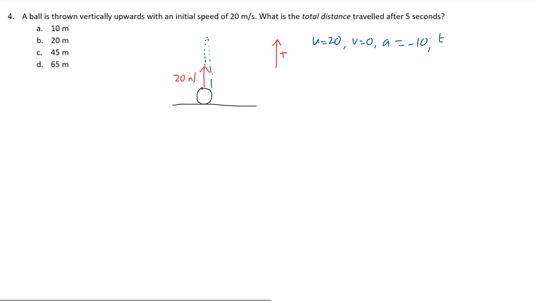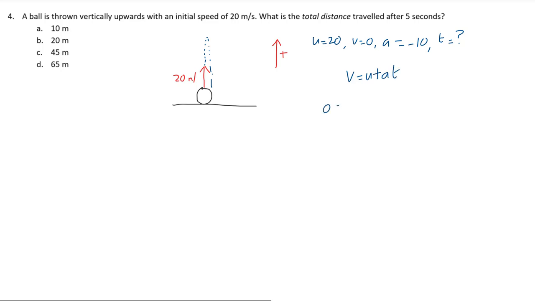And remember, we are looking for the time it takes for the ball to get to its maximum height. Therefore, we know u, the initial velocity, we know v, the final velocity, we know a, the acceleration, and we are looking for t, the time. We do not care about displacement. We want to use the Suvat equation which does not have displacement in it. That is the equation v is equal to u plus at.